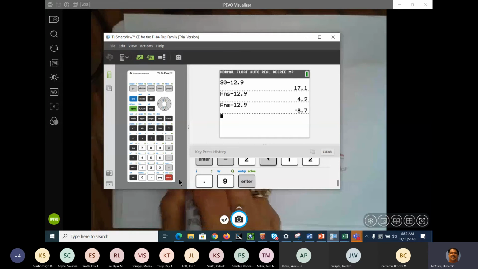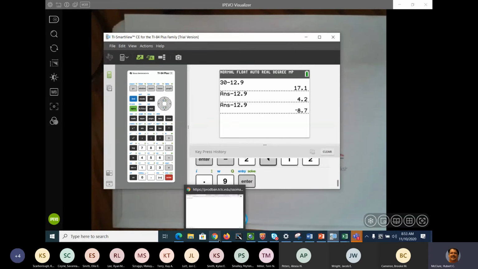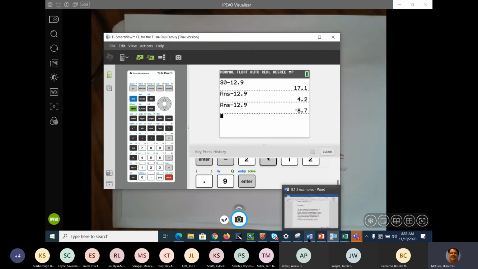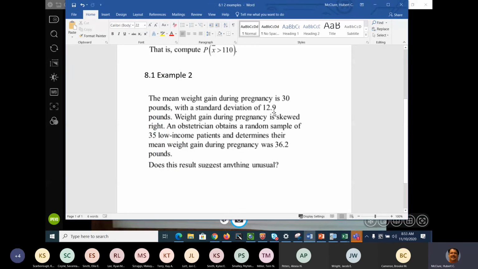And I bet you $1 I copied it down wrong. I bet it's not 12.9. Yeah, it is. So y'all check my math and make sure.